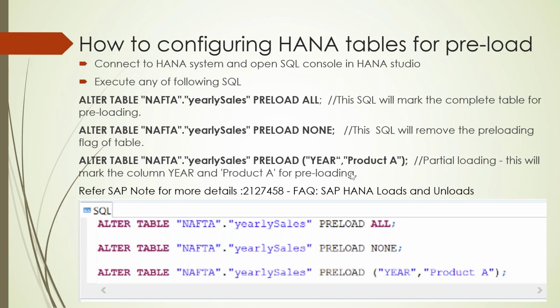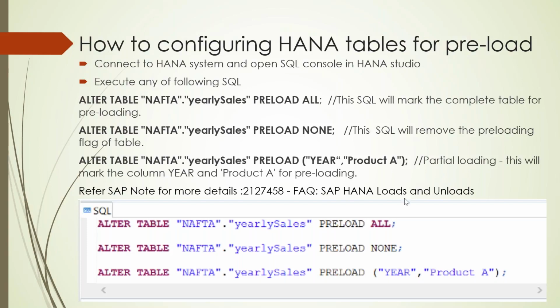In the tables we have columns, which we call fields as well. To mark partial loading: ALTER TABLE schema.yearly_sales PRELOAD, then in brackets you give the columns, like year and product A. These columns of the yearly sales table will always be loaded into the memory. This we call partial load.